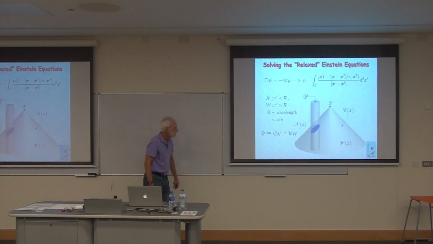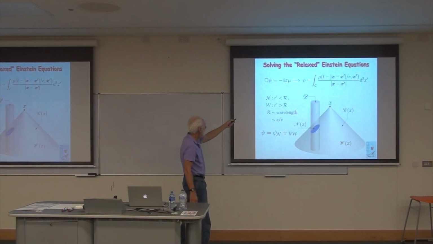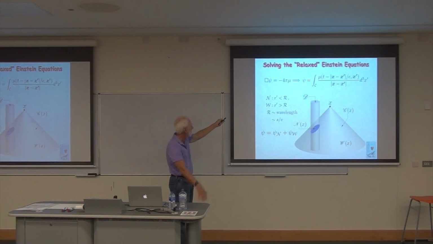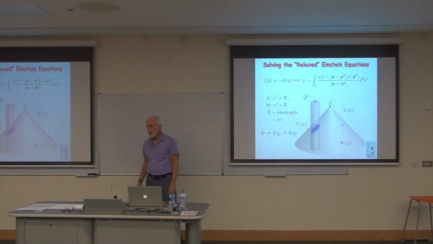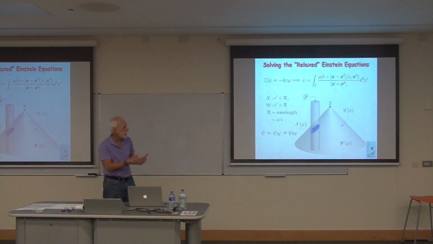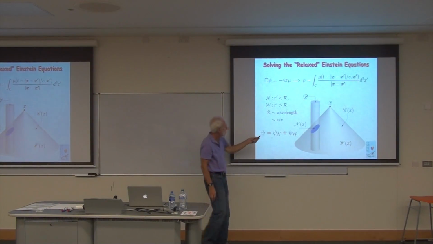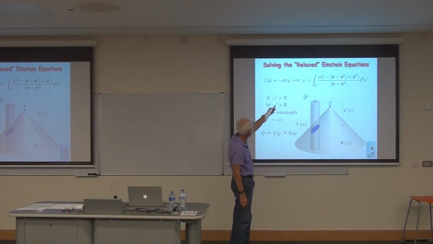So I want to simplify this discussion by focusing just on a simple wave equation. Let's just throw away all the tensors to clean things up. I just want to imagine a flat space-time wave equation for a field psi with a source mu, but this source mu can contain psi itself. It could contain a bit that depends just on the matter, but it can also contain psi itself.